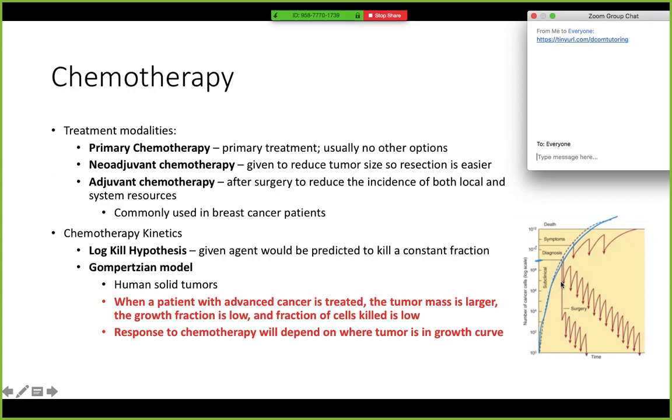Whereas if a patient presents in the subclinical phase, like let's say you detect the cancer through screening and they're not yet symptomatic, that can push the cancer back into an exponential growth phase, and then you'll have the ability to kill more of the tumor cells in that case.